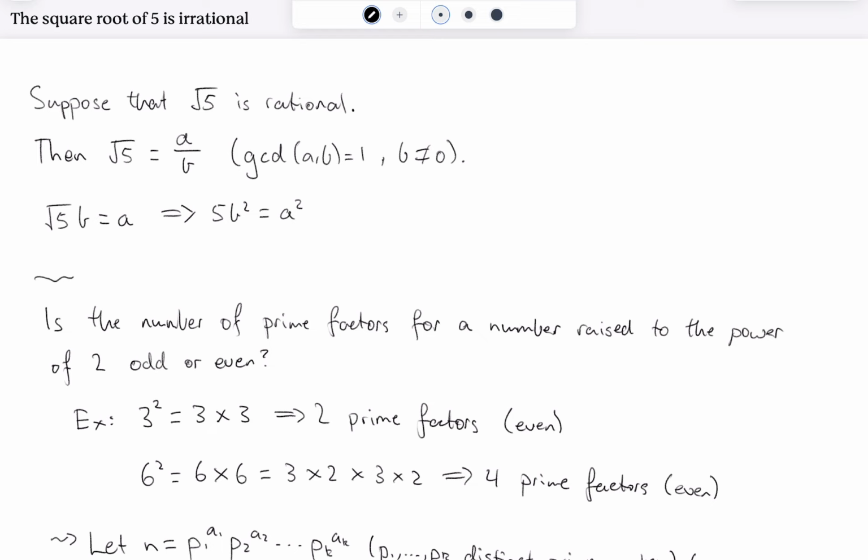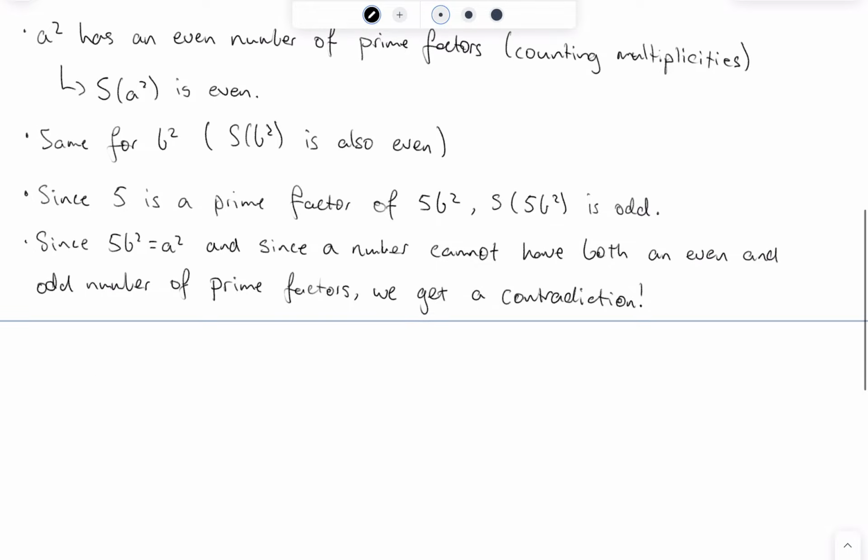So we get a contradiction. So the square root of 5 is an irrational value. And that completes the proof.